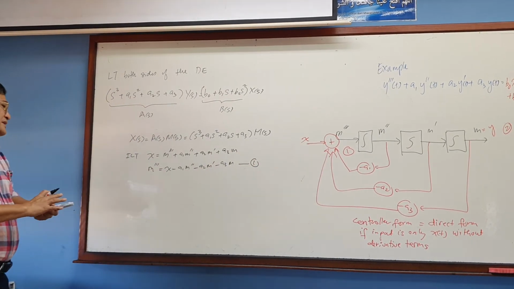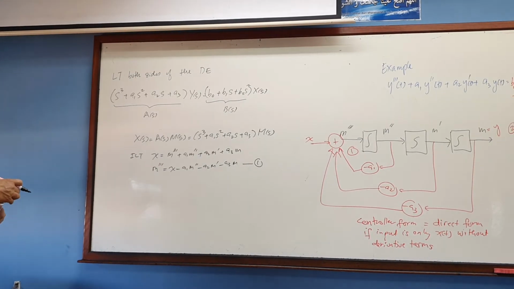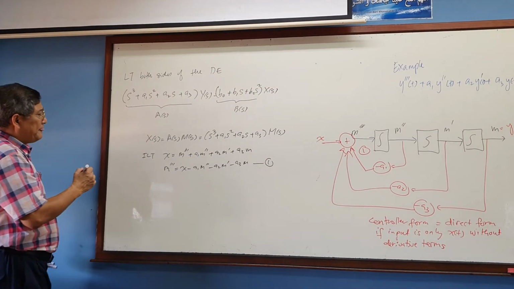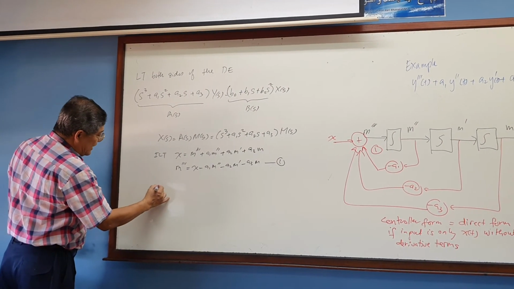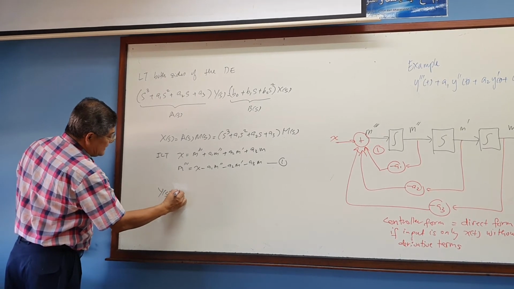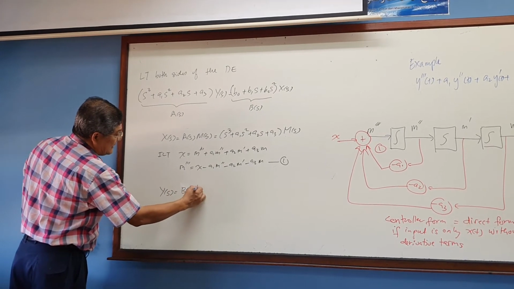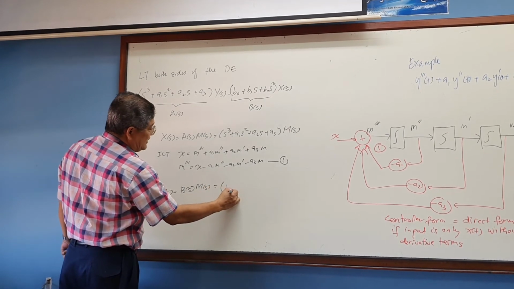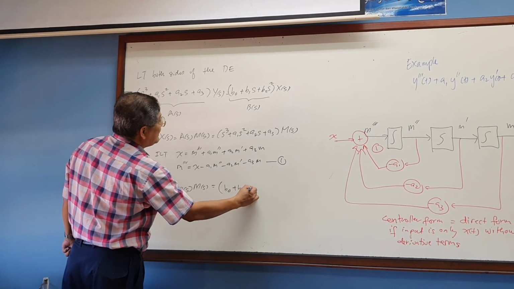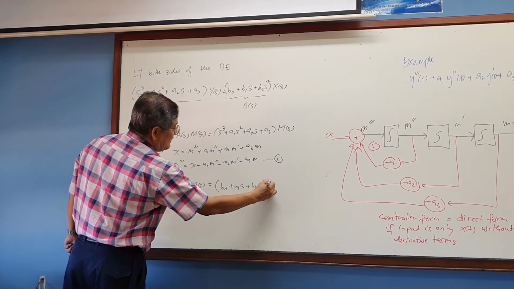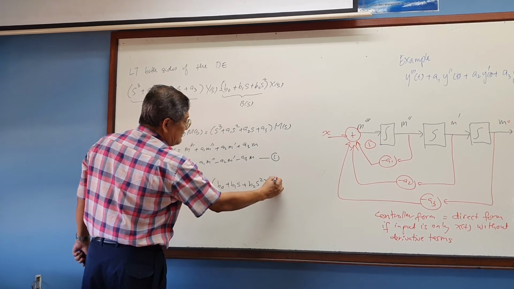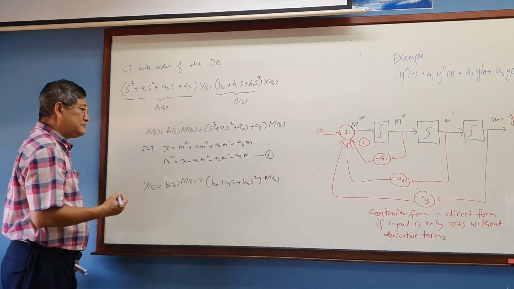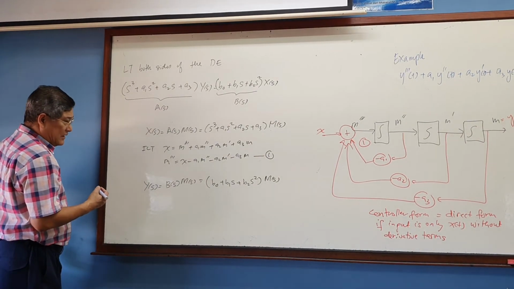So the first equation is the same thing as we have when the input is x only. Then Y(s) is equal to B(s) M(s), so you have b naught plus b1 s plus b2 s squared multiplied by M(s).